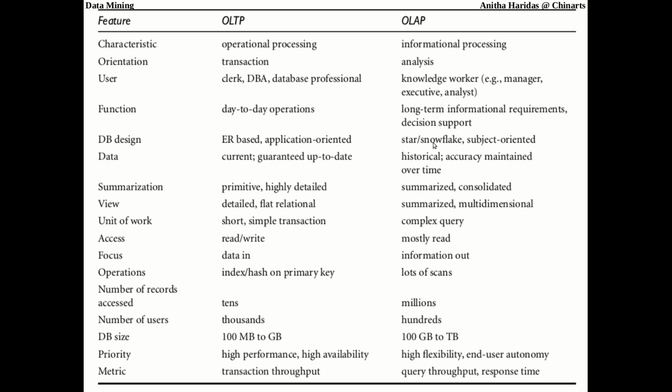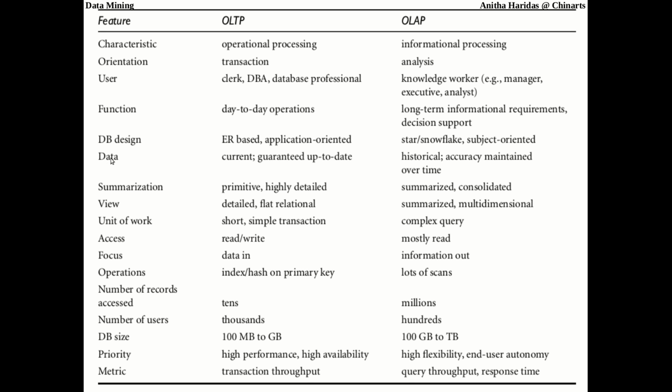We will be discussing what star schema and snowflake schema mean. These are the schemas used for the data warehouse. And the data warehouse is not application oriented, it is subject oriented. You will have a particular theme for designing the data warehouse, whereas here it is based on the application. So whatever application you are using, based on that you will design the database.